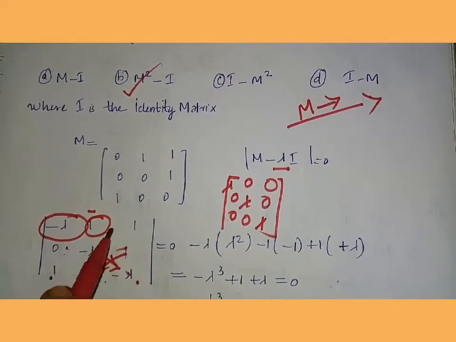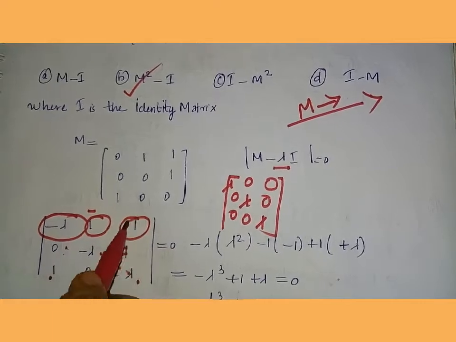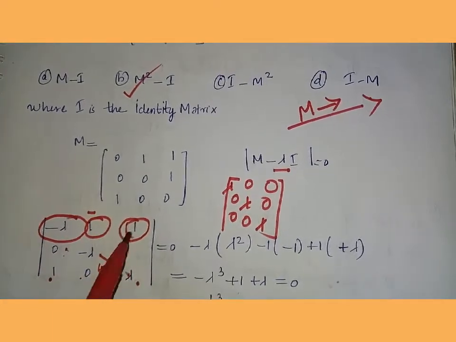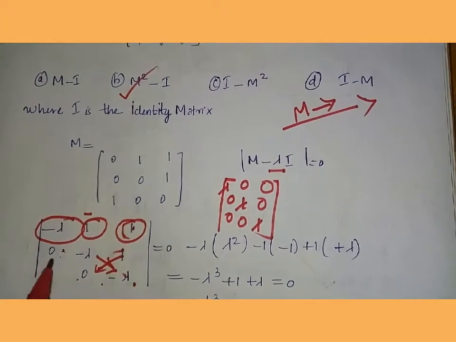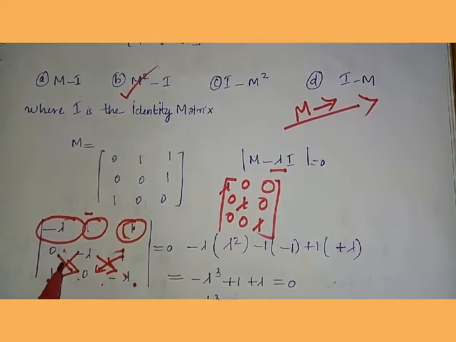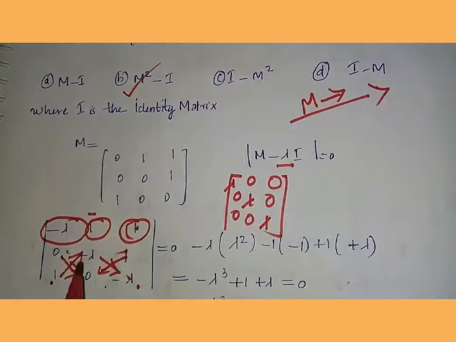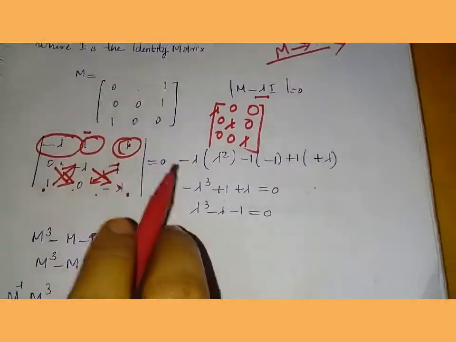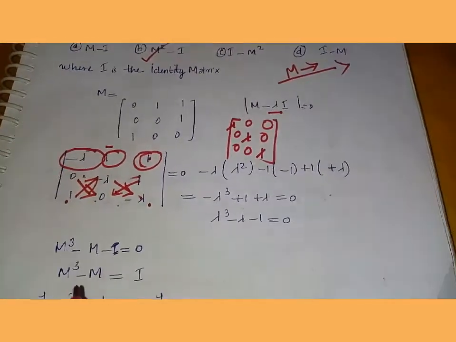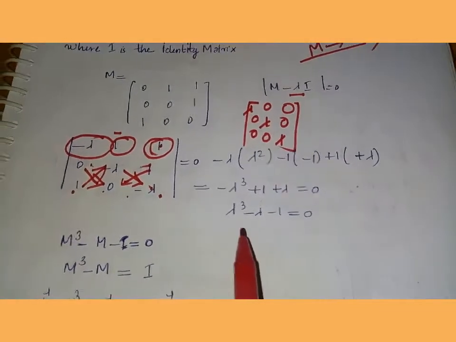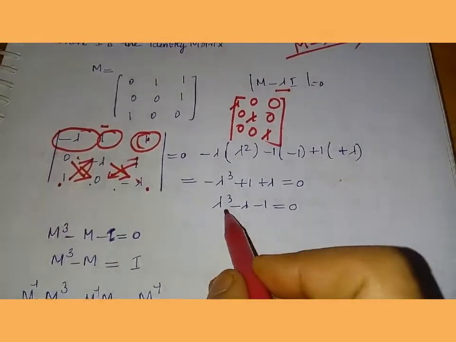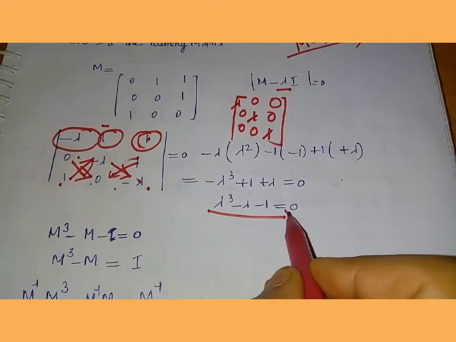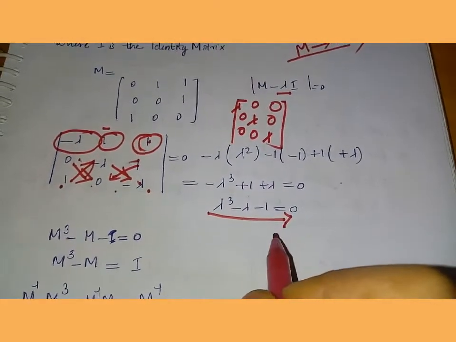Also take the third term, neglect its row and column, and multiply these terms. Multiply and subtract. We get the answer as lambda cube minus lambda minus 1, and this is the characteristic equation of this matrix.